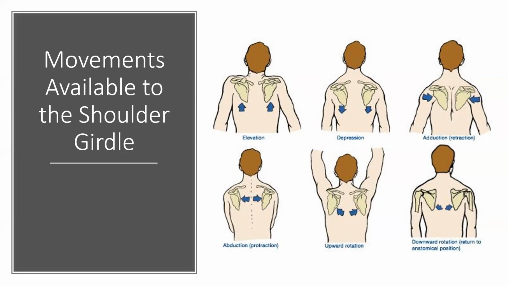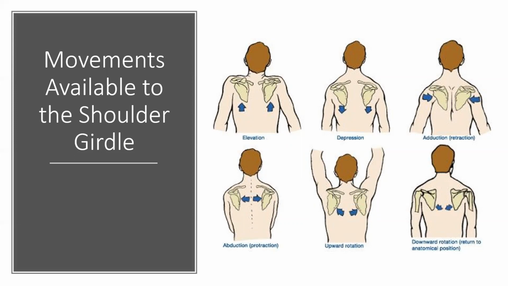around the thorax. Upward rotation is a combination of elevation and a protraction, depending on how far of a protracted upward rotation it is. This is where the inferior angle, the most inferior aspect of the scapula, rotates outward as the glenoid fossa rotates to face superiorly.